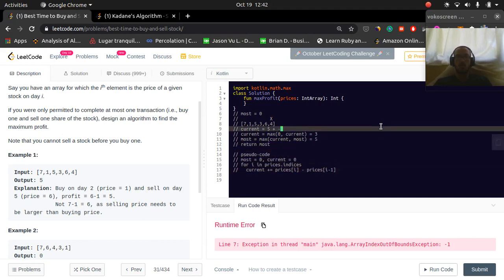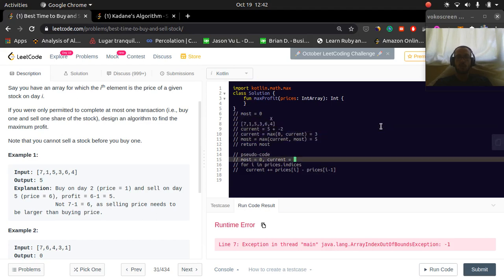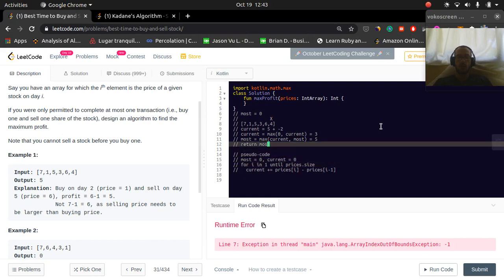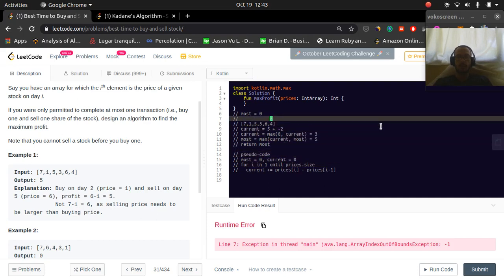Right? So, oh, and i is going to go from 1 until the end. So i is going to start at 1, and we're going to add prices of i minus prices of i minus 1 to current.